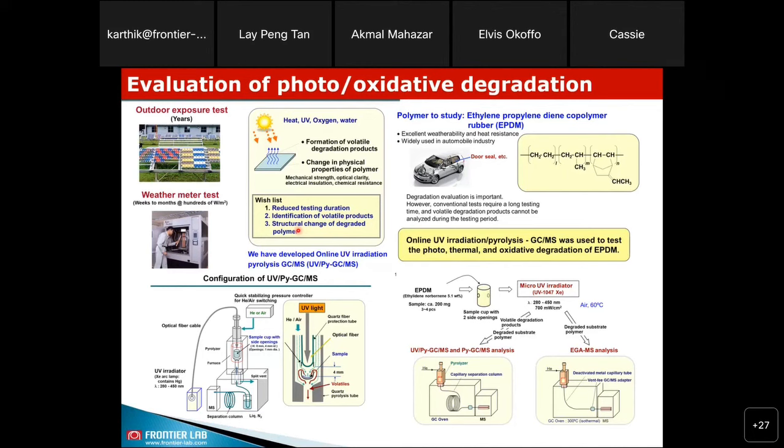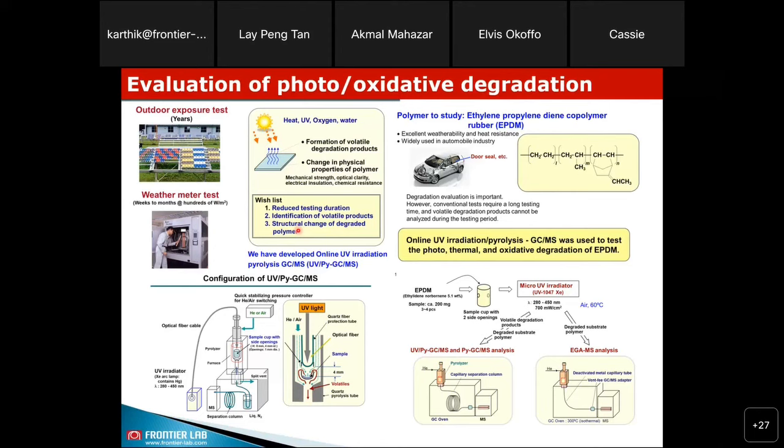Even when people are using different polymers for solar panels or any other external application, they have to look at the photo-oxidative degradation, because it should not get degraded or oxidized in a very short span of time. That means your life cycle can be short, and you have to replace more frequently.